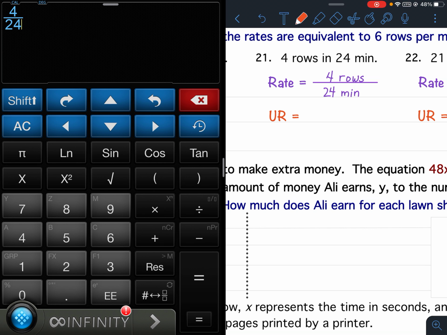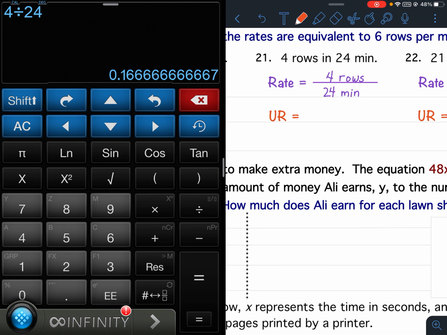If you're using this calculator, it will give you the decimal. But if you're using the calculator like we have at school, it'll give you a fraction. So that's why I would suggest doing 4 divided by 24. I could do 4 over 24 or 4 divided by 24, and it gives me the same thing.